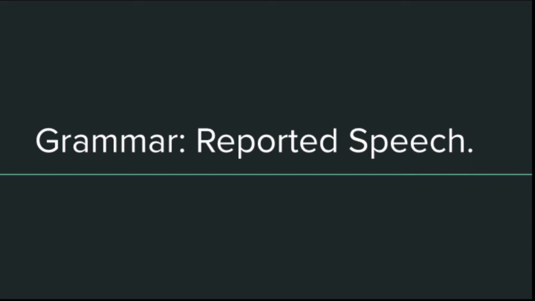So in indirect speech, we report the speaker's words without using quotation marks. Only in direct speech do you use quotation marks. This you have to remember. In indirect speech you don't use quotation marks. Indirect speech is also known as reported speech.